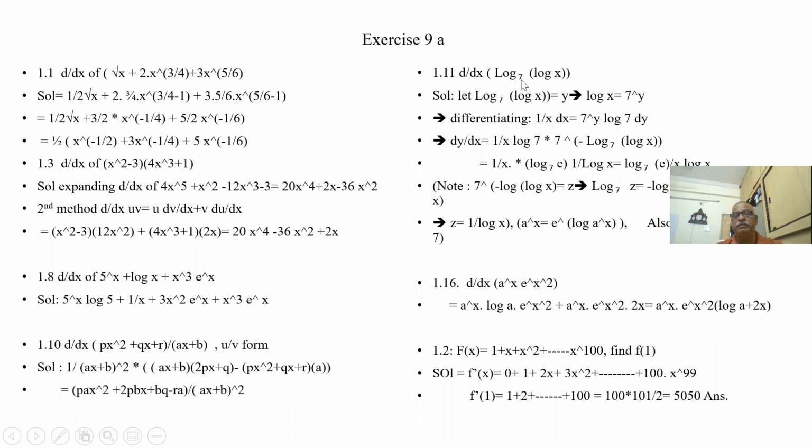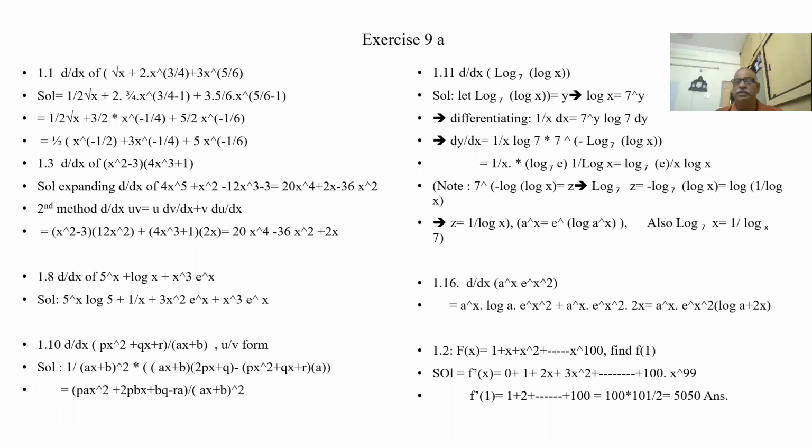So d by dx of log x base 7. Log x base 7 is a typical one. Let it be y. So 7 to the power of y is equal to x. So when I do differentiation, 1 by x dx is equal to 7 to the power of y log 7 dy.